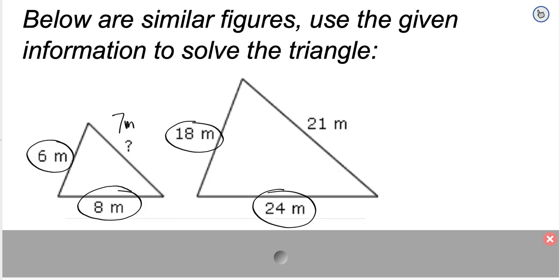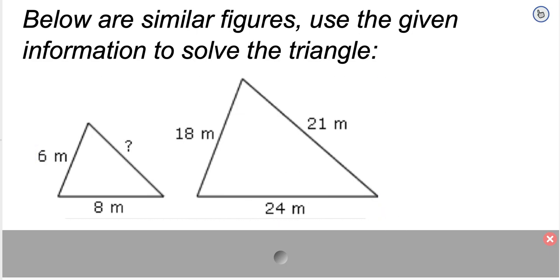If you don't like that mental math way to do it, then you're going to use proportions like we just did. And we're going to call this x. So we can do 6 to 18 equals x to 21. When you're setting up your proportion, if I'm going little to big, I have to go little to big with all of my proportions.